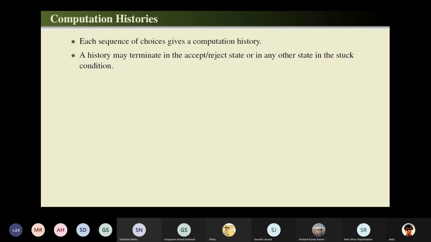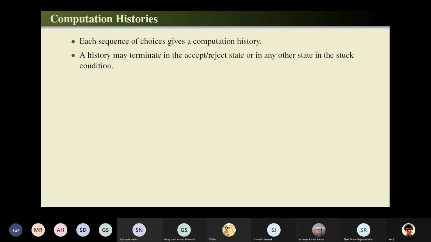And a history may terminate in an accept or reject state. That's called a terminating history or finite history. Or it may also terminate in this stuck condition in some state, which is neither T nor R. So these are examples of finite computation histories, starting from the start configuration and reaching somewhere, either an explicit decision, accept or reject, or stuck.